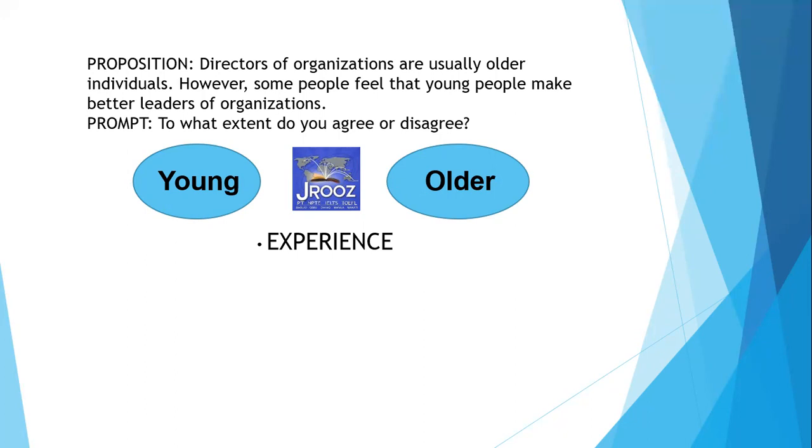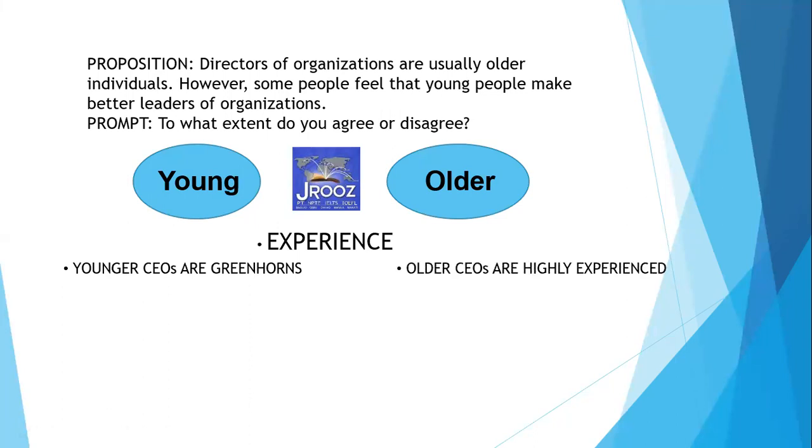For example, going back to this question on young and older individuals, there is a similarity between the young and the old: experience. Young CEOs are greenhorn, older CEOs are highly experienced. Respectability. These are arguments that apply for both sides, guys. This is point by point.